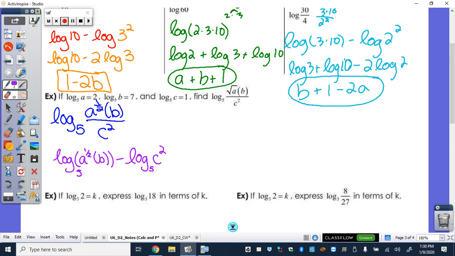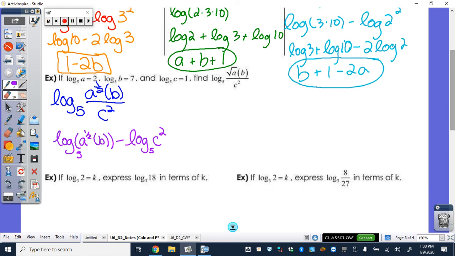So let's look at just the stuff from the numerator. So the a to the 1/2 and the b. If we expand that out further, what would that look like? There we go. 1/2 comes out in front because it was an exponent. So 1/2 log base 5 of a plus log base 5 of b minus 2 log base 5 of c.